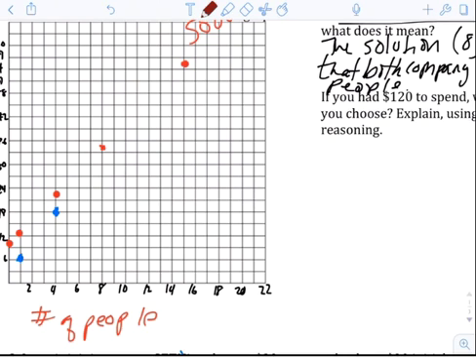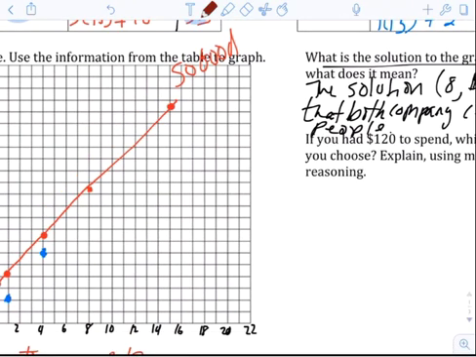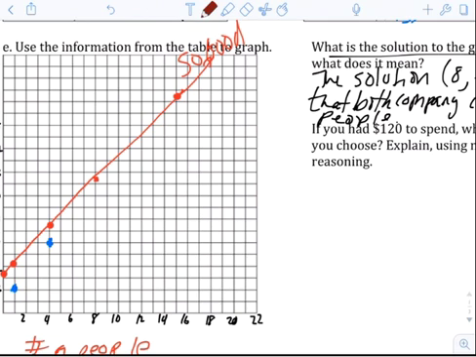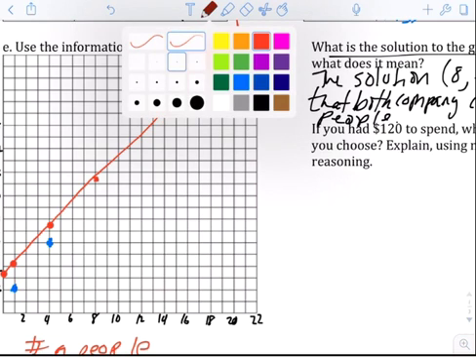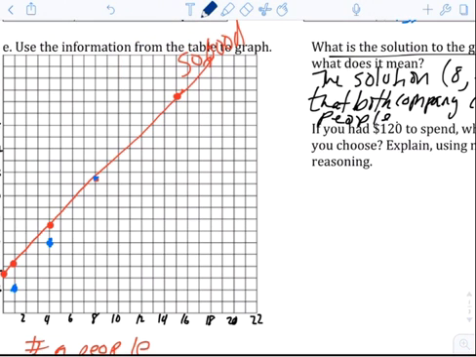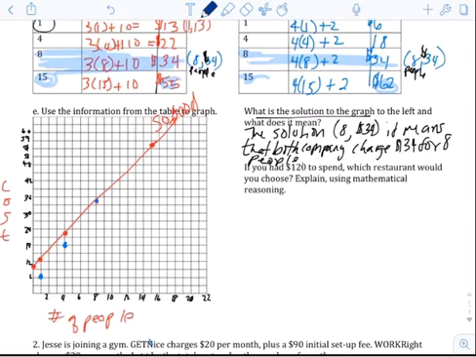Okay. 8, 34, same spot as this red one, and 15, 62.